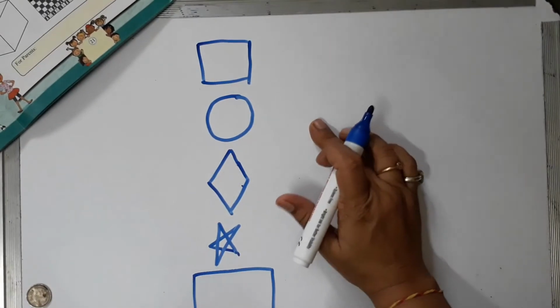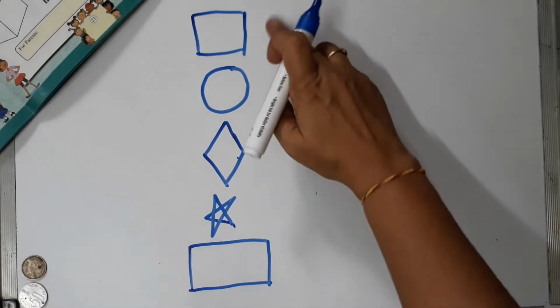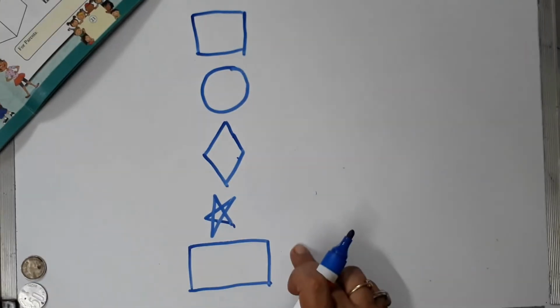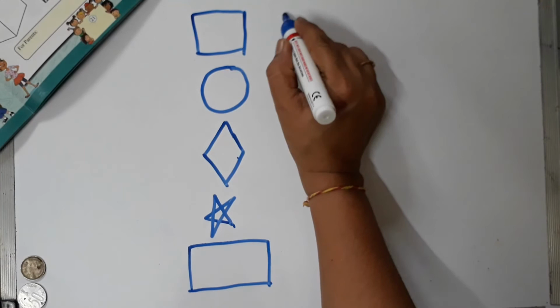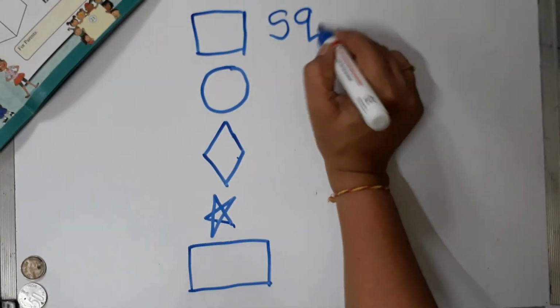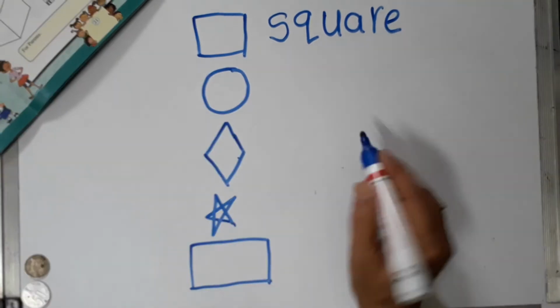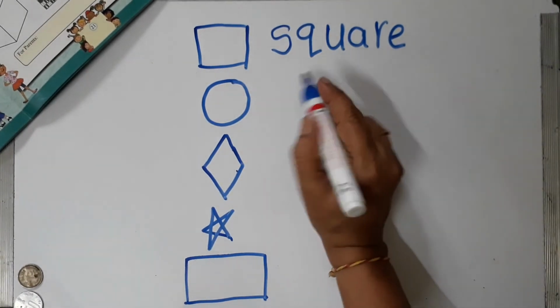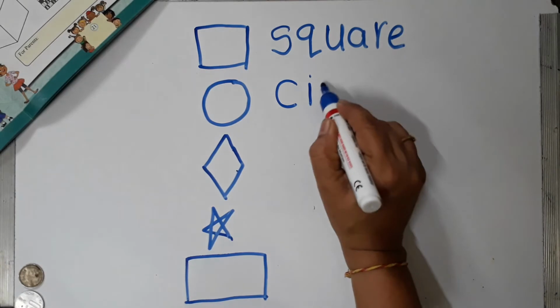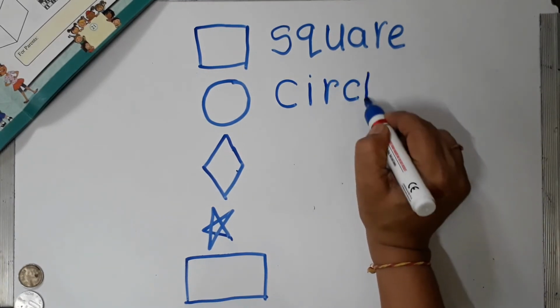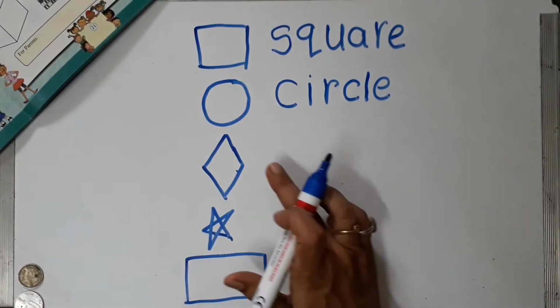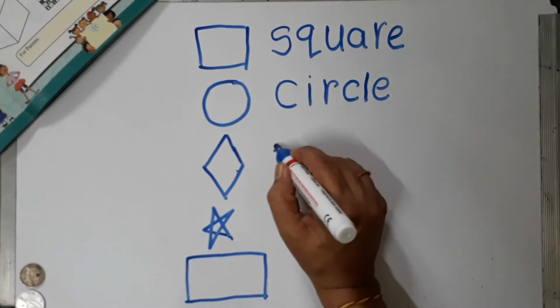So students, today we have learned the spelling of these 5 shapes. First is square. S Q U A R E, square. This is circle. C I R C L E, circle. This is a diamond shape.